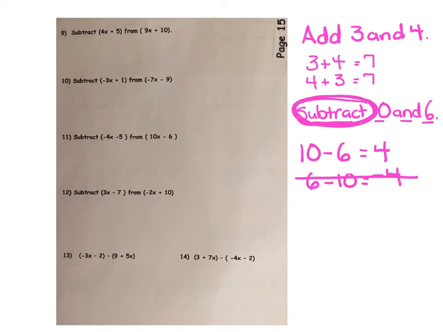Let's take a look at a translation problem. When we're translating a problem, such as the ones you've been given, we go from word form to mathematical symbols. Let's take a look at the first one you've been given. It states 5 minus 3.